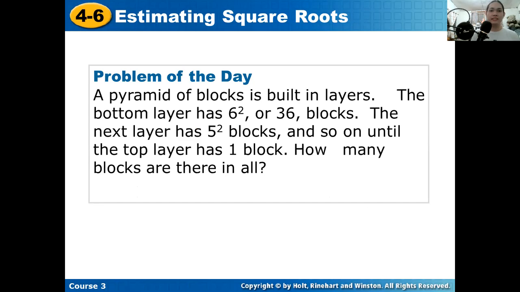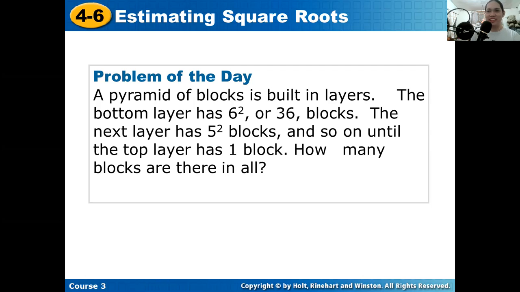Now let's have the problem of the day. A pyramid of blocks is built in layers. The bottom layer has 6 squared or 36 blocks. The next layer has 5 squared blocks, and so on until the top layer has 1 block. How many blocks are there in all?